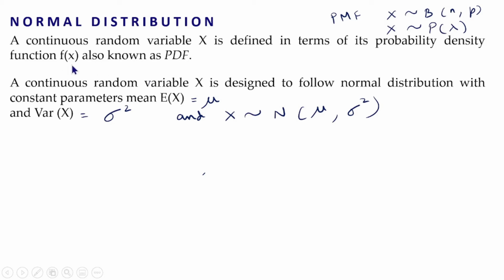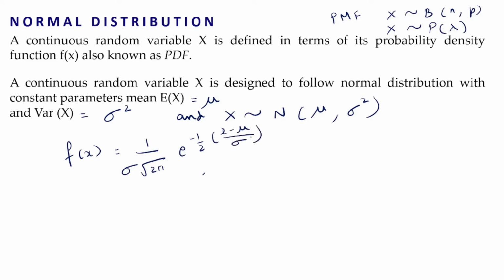of x, is given by f of x is equal to 1 by sigma root 2 pi e raised to minus half into x minus mu upon sigma the whole square. So the probability density function of this random variable x, which follows normal distribution with parameters mu and sigma square, is given by 1 by sigma root 2 pi e raised to minus half into x minus mu by sigma the whole square.